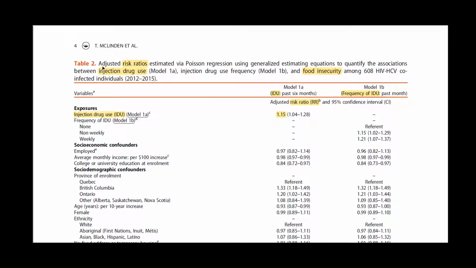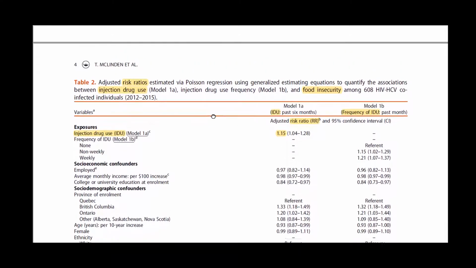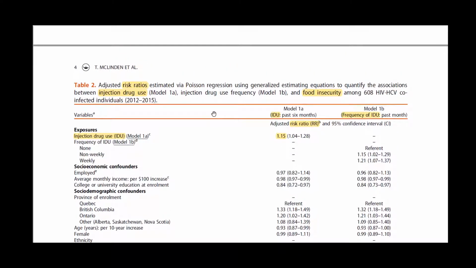Table 2 highlights the regression models or the statistical models that we've used to quantify our relationships between the exposure and the outcome. We quantify that relationship using risk ratios as our measure of effect, and we highlight that the exposure is injection drug use and the outcome is food insecurity among the 608 co-infected participants between 2012 and 2015.